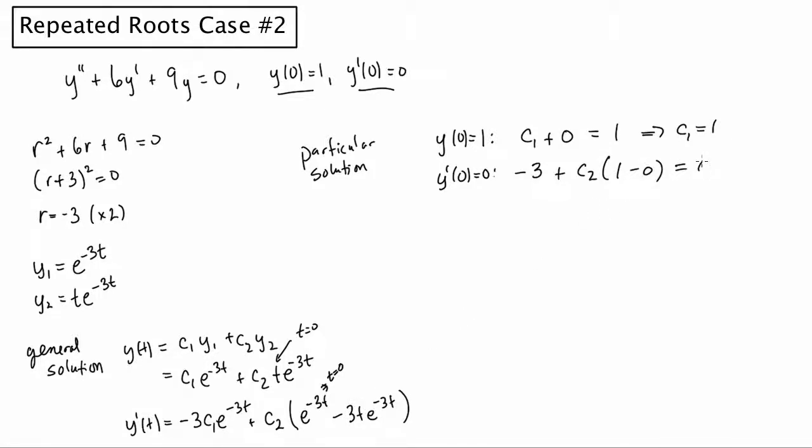And all of that needs to equal 0. So this says minus 3 plus c2 equals 0, or c2 equals 3. So we've got our two constants.